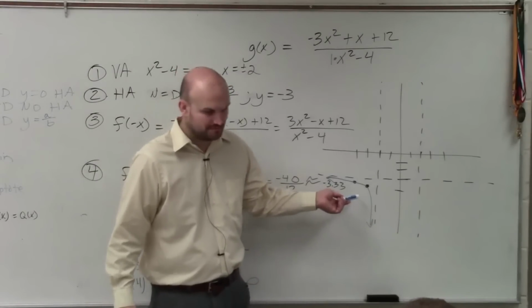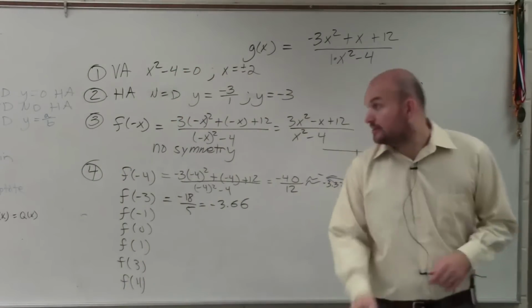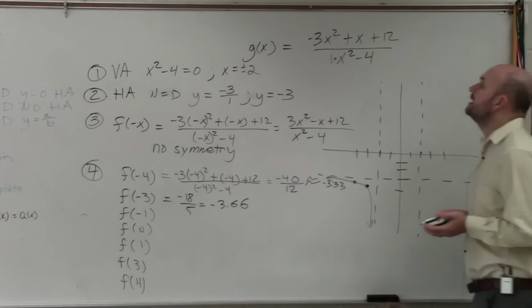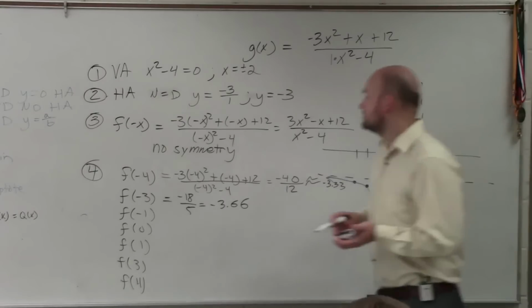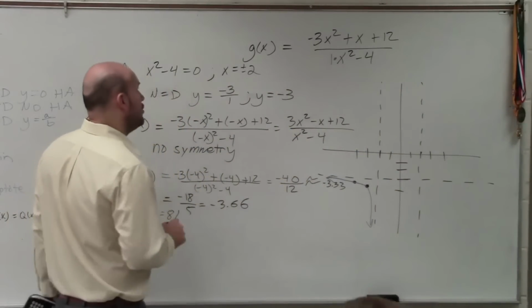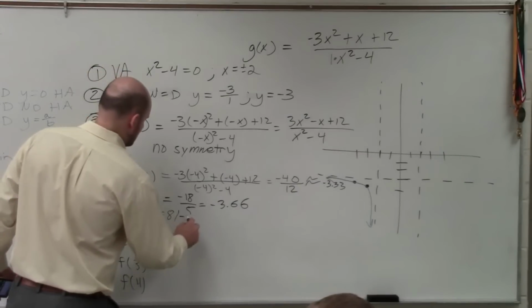Yes? No? Maybe so? All right, let's do -1. If I plug in -1, -1 squared is 1. 1 times -3 is -3. Plus -1 is going to be -3, -4. So that's going to be 8 over -3.